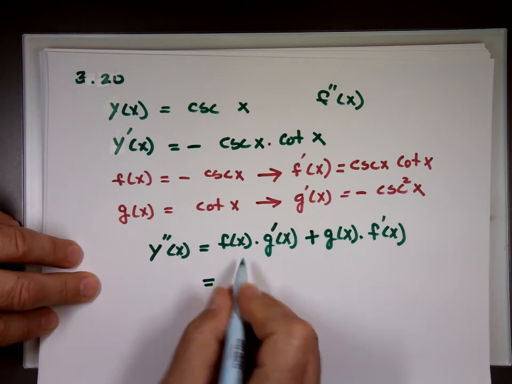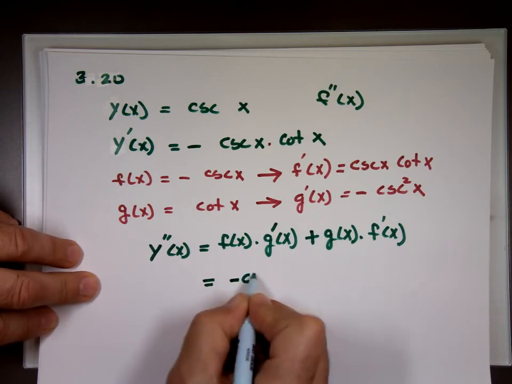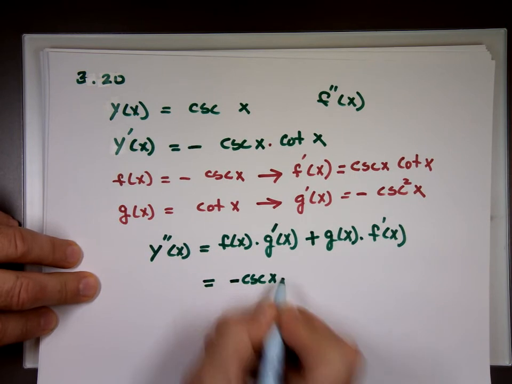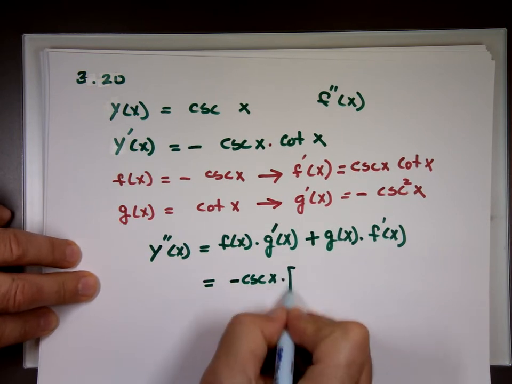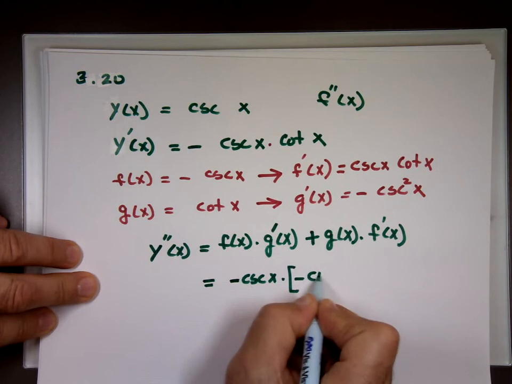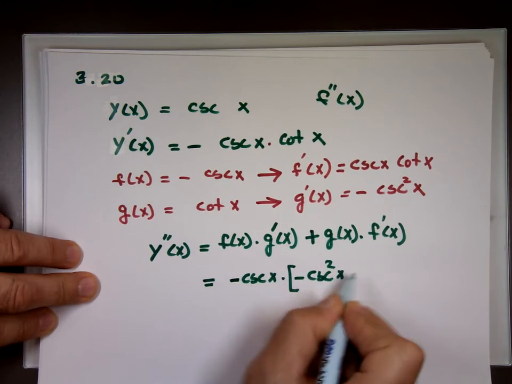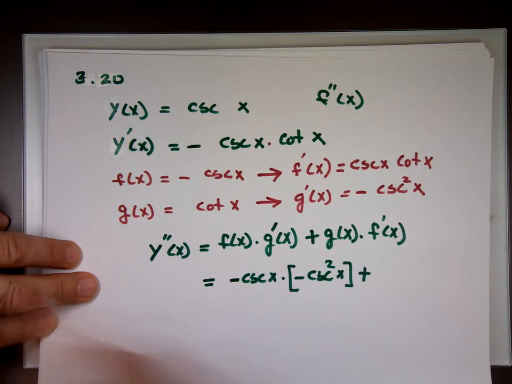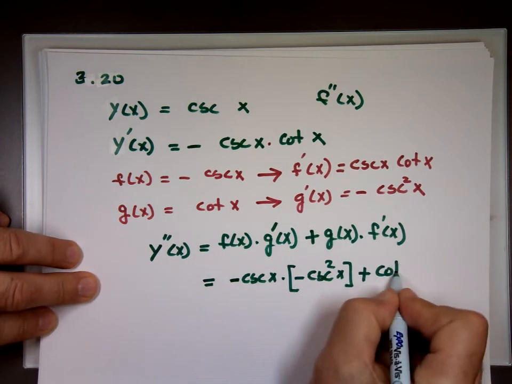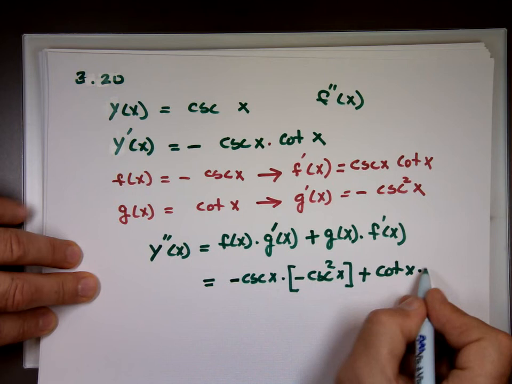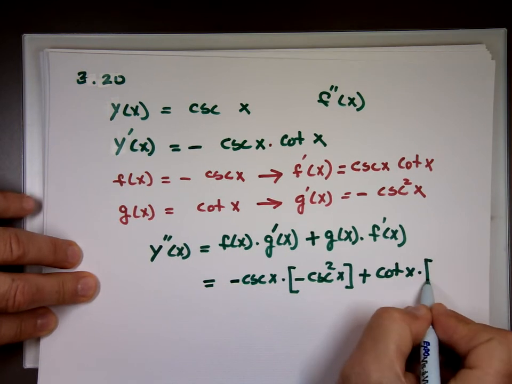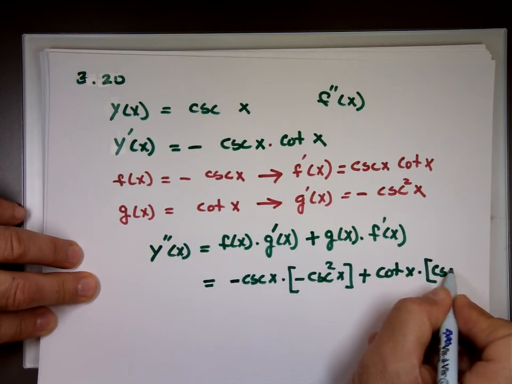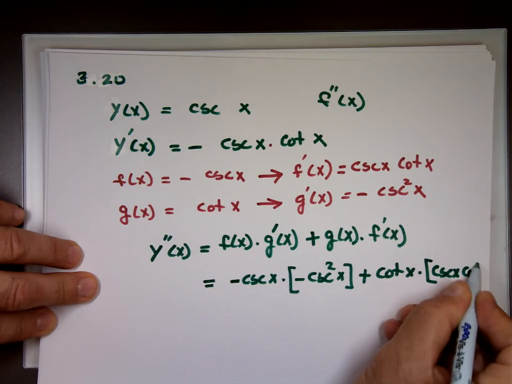Negative cosecant x times g prime, negative cosecant squared x, plus g of x, which is what? Cotangent x times the derivative of f, which is cosecant x, cotangent x, if you can see it.